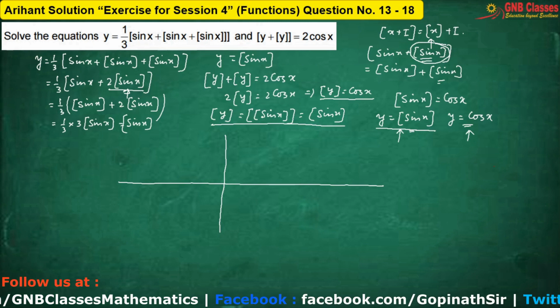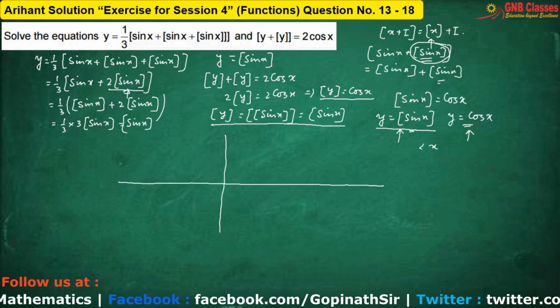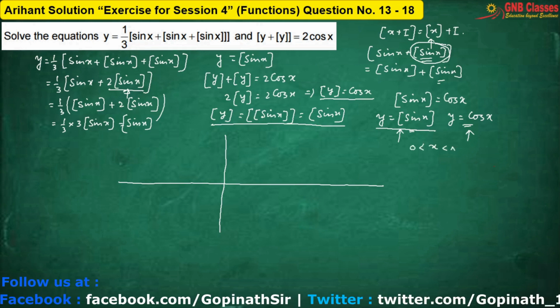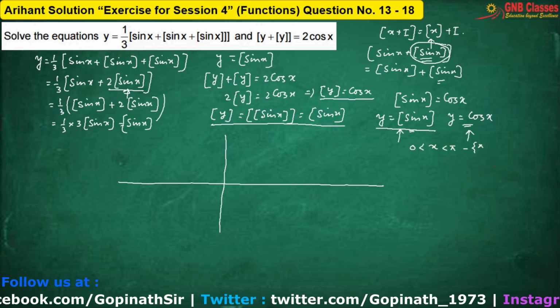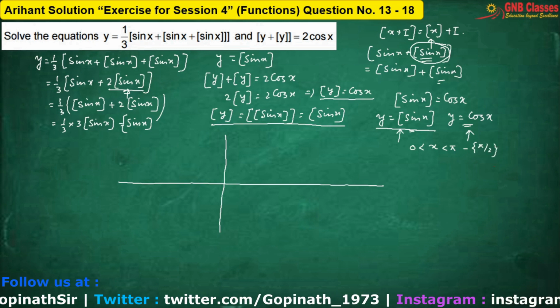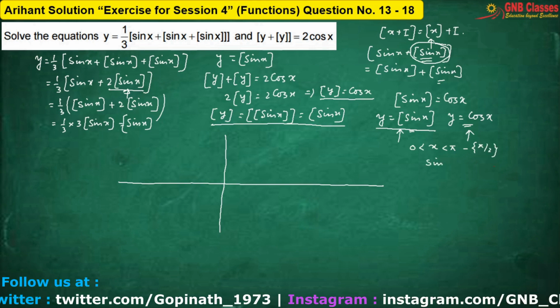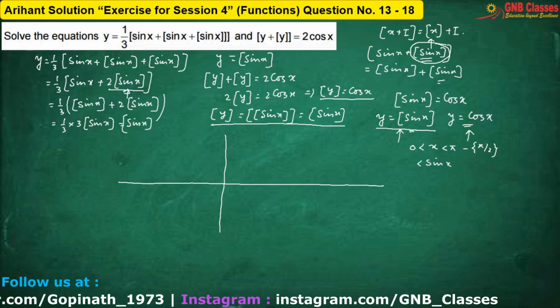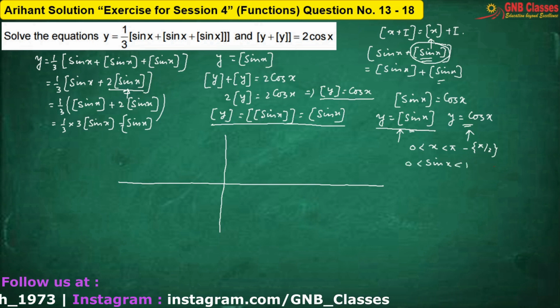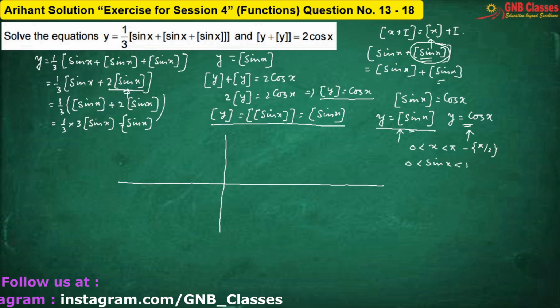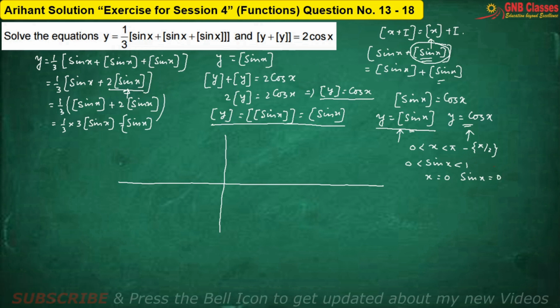So in this case, when x is greater than 0 and less than pi, except pi by 2, look at it carefully, then your sine x is lying between 0 and 1. Is it clear? When x is 0, sine x becomes 0, eventually [sin x] will be 0.